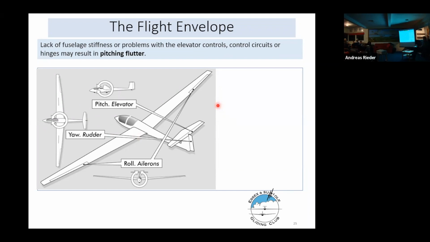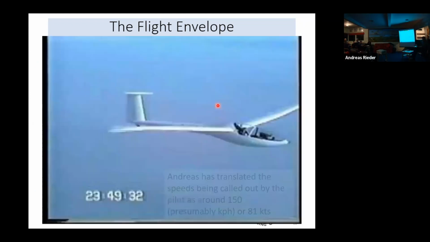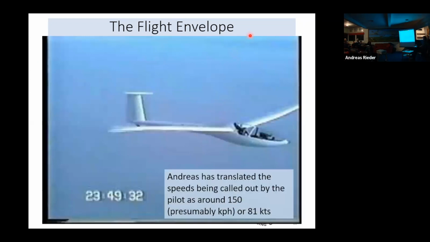The next slide most people will have seen, and it's a DG glider being deliberately made to flutter at around 81 knots, according to Andreas, who translated the German for me. So hopefully this will burst into life in a moment.